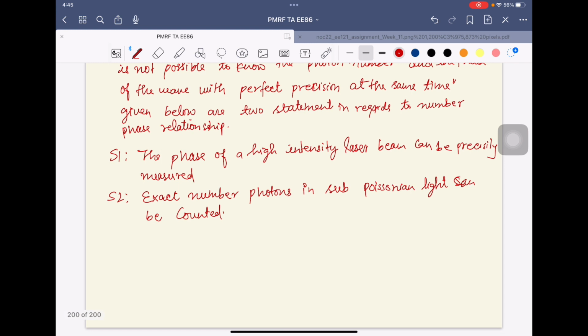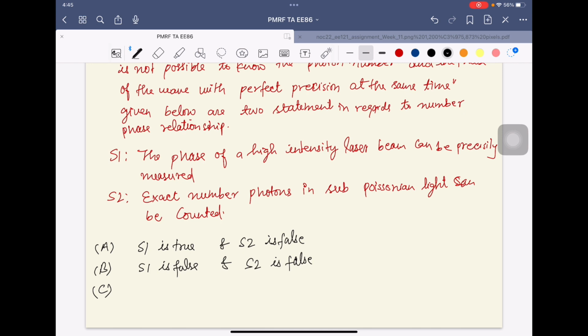So what are the options? Option A is S1 is true and S2 is false. B is S1 is false and S2 is also false.